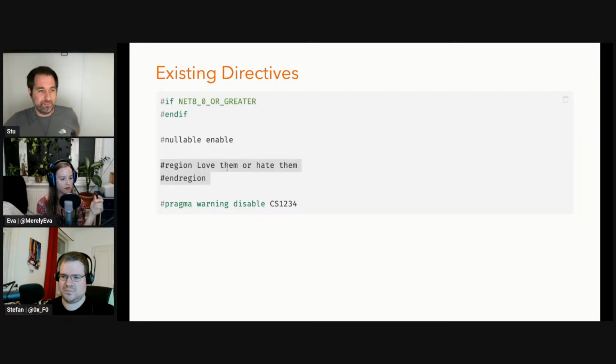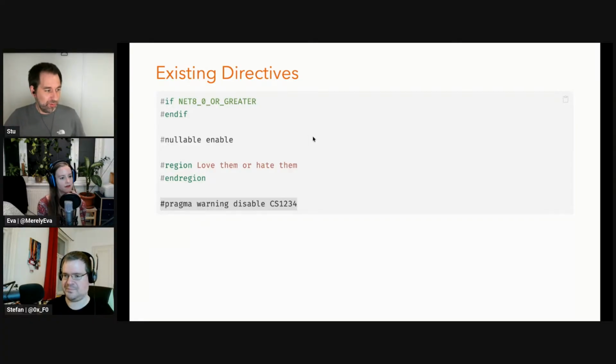Also, you may see directives in terms of regions, which people like and people hate. And then also pragmas, where you can enable and disable compiler warnings at a line level and block level within a document. But if you wanted a custom directive, like if I put hash stews directive, the compiler would error and say, I don't know what this is.